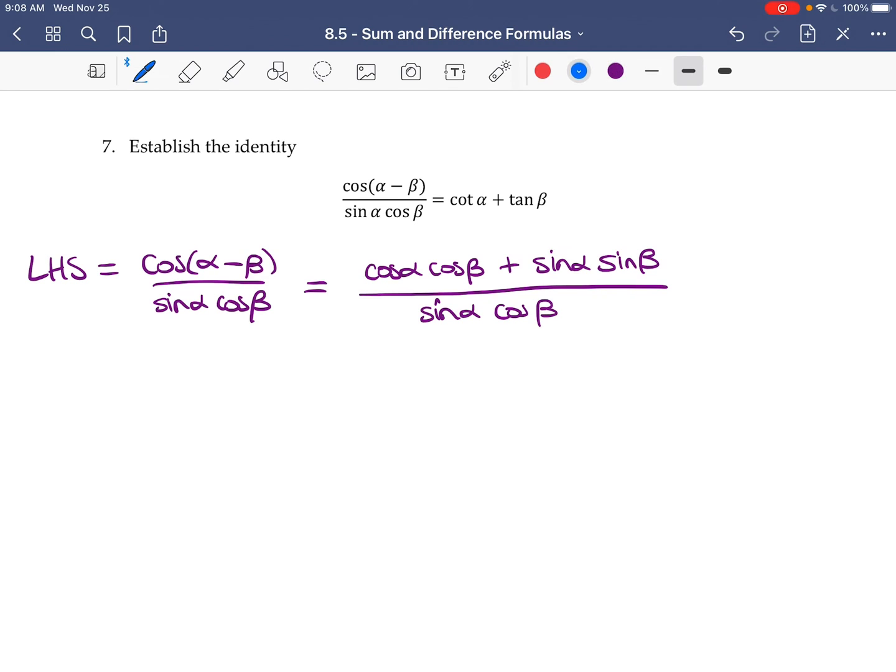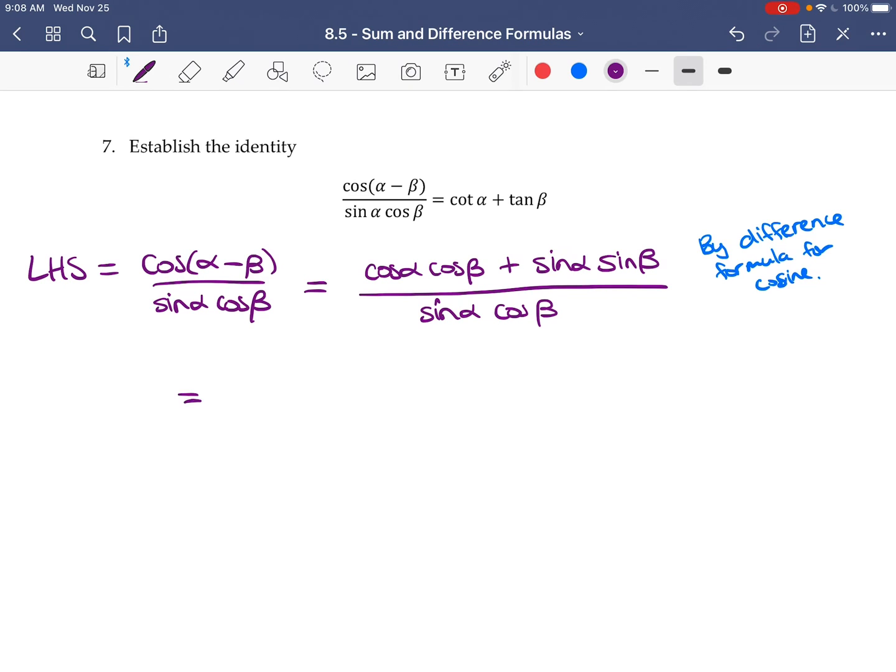Now when I have addition on the top of a fraction, I can split it up.